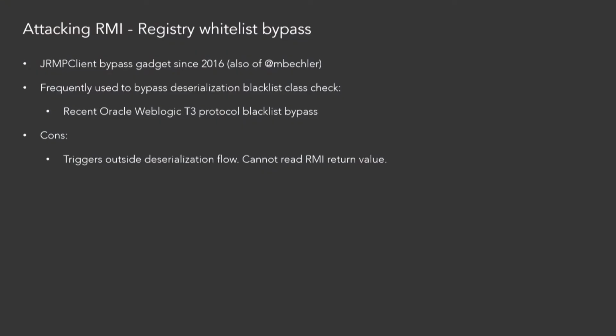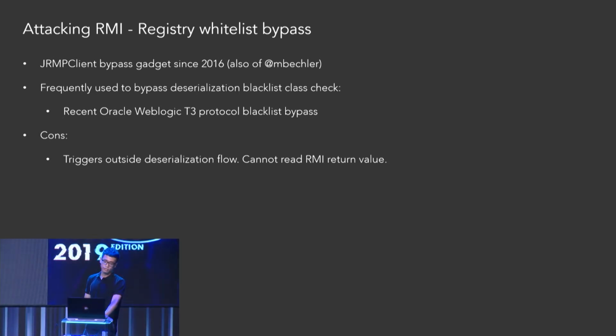Looking for the unknown. First, a bypass on the RMI registry. It's another gadget from Moritz Bechler, but it has been around since 2016. It's been a long time, and it was not originally intended to target this attack scenario.